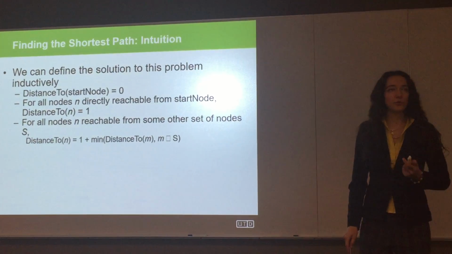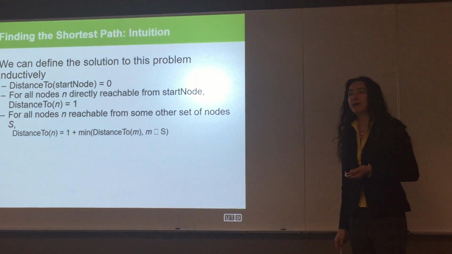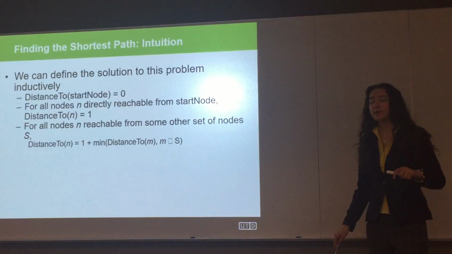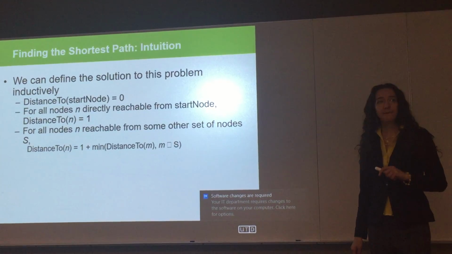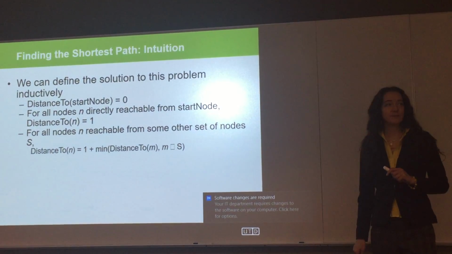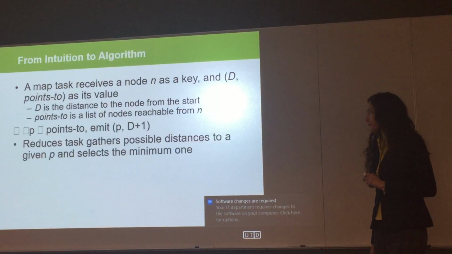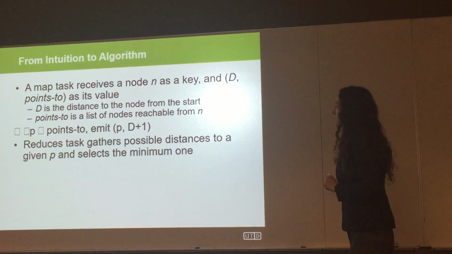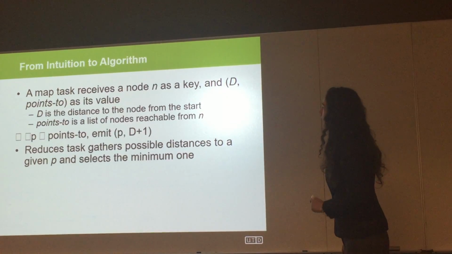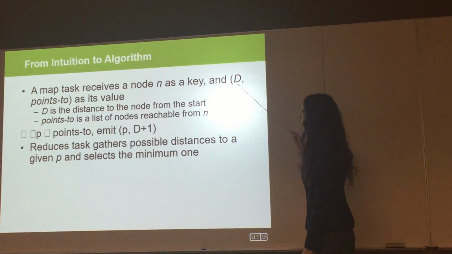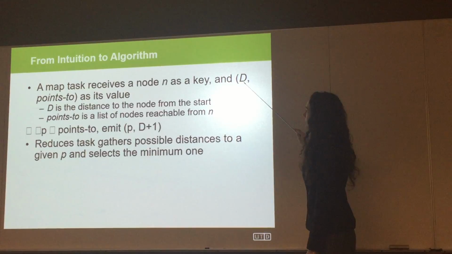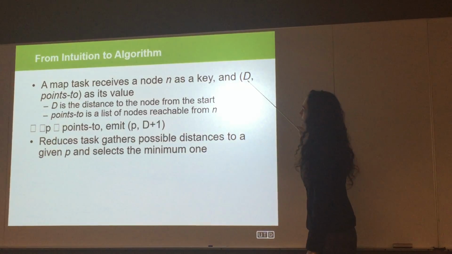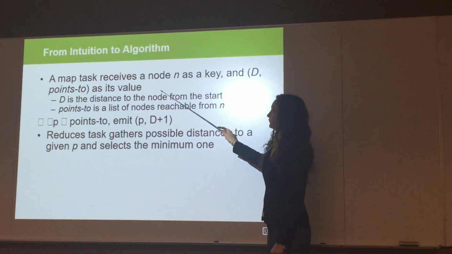Every node will have some information about its neighbors that are directly connected to it, and the distance to those neighbors. The map task will receive the node as a key, and what other nodes it points to, or is connected to, will be the value.